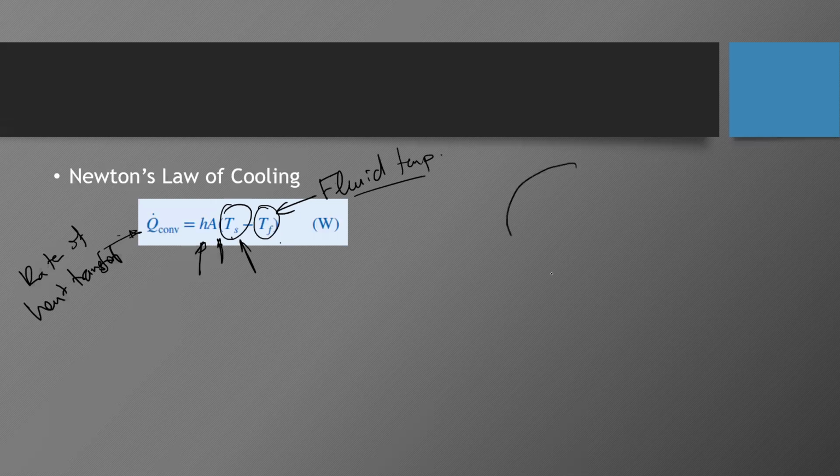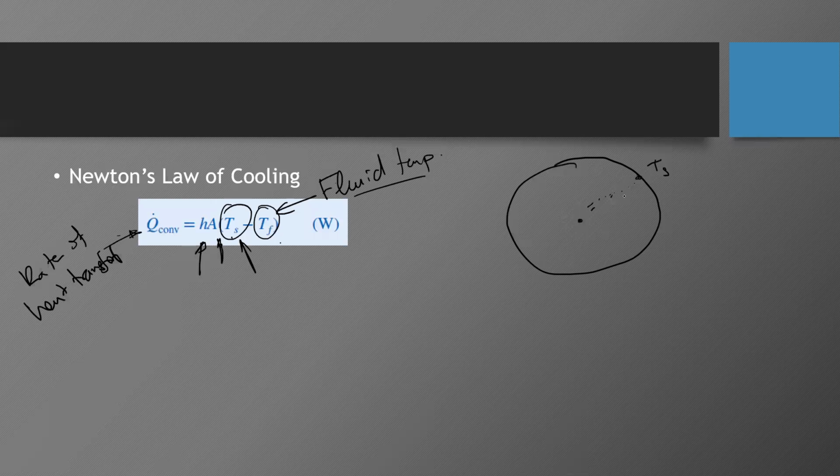If you take an egg, inside the egg there is a different temperature. So the core will have one temperature and the surface will have a different temperature.